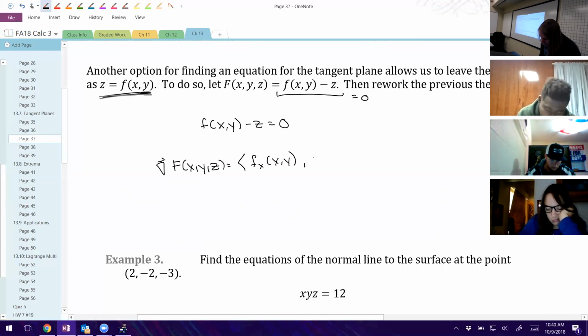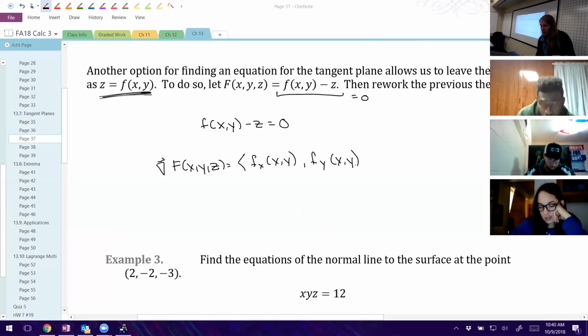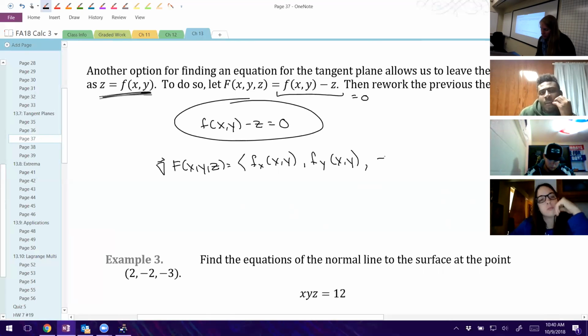The partial with respect to y is similarly just the partial derivative of that function with respect to y, of this original function. Because when we're subtracting z, that z term we're basically guaranteeing doesn't have any x and doesn't have any y. It's just going to be minus z. Because if we have that explicit form, that should be the case there. But then the partial derivative with respect to z is going to equal what? Okay. Yeah, it's going to equal -1. So not quite 0, but right idea.